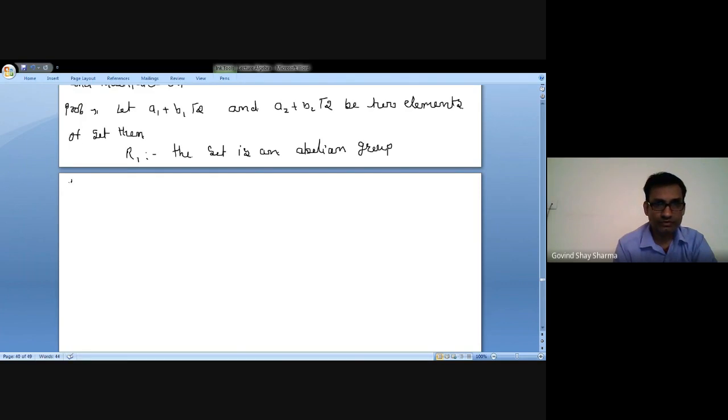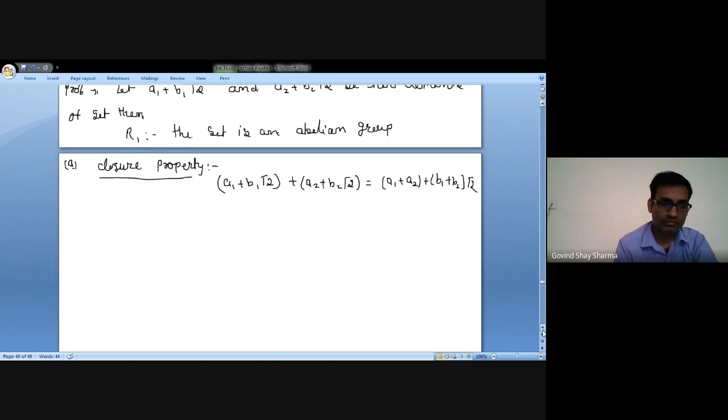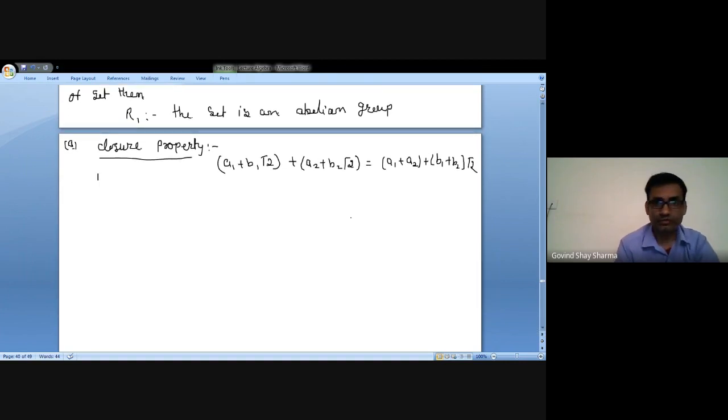First we show the closure property, because here A1, B1, A2, B2 are integers.